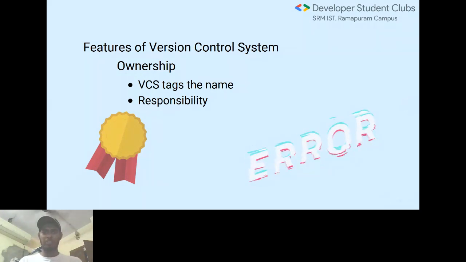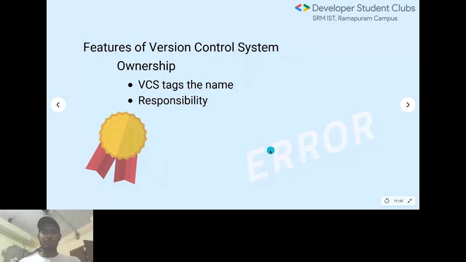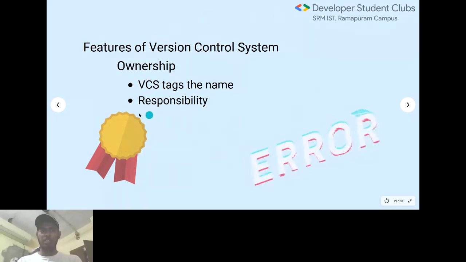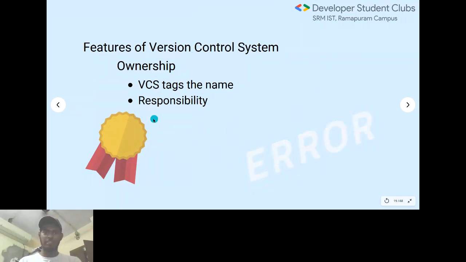Say you are developing a project and your teammates are also involved in it. You added a feature, but your teammate gets appreciated by the higher authority, then you would get really upset about it. So you can show this in the version control system, like, I have done this thing, so it shows the ownership.